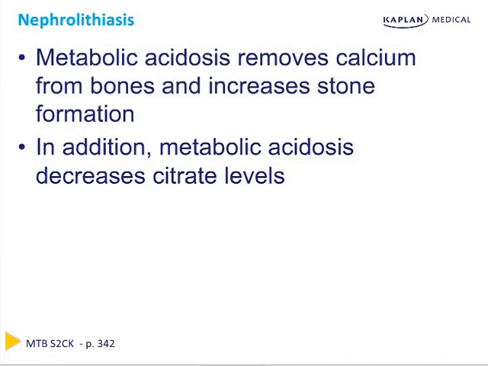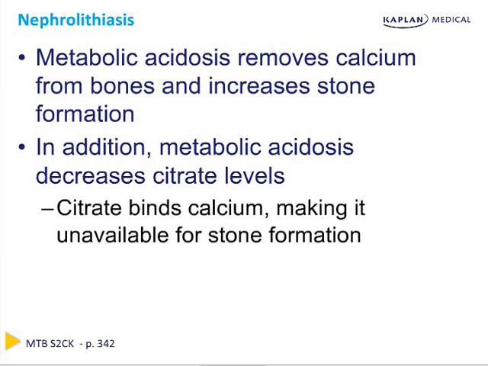Additionally, metabolic acidosis has the effect of decreasing citrate levels in the blood. In normal patients, citrate serves to bind calcium and make it largely unavailable to form stones. So in metabolic acidosis, with decreased citrate, there's increased unbound calcium, leaving it wide open to form stones and cause the patient problems with nephrolithiasis.